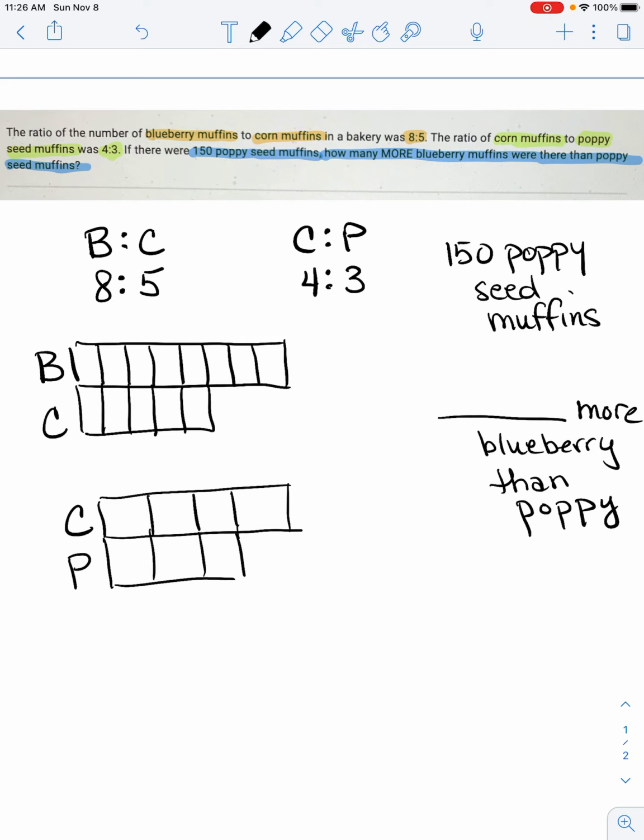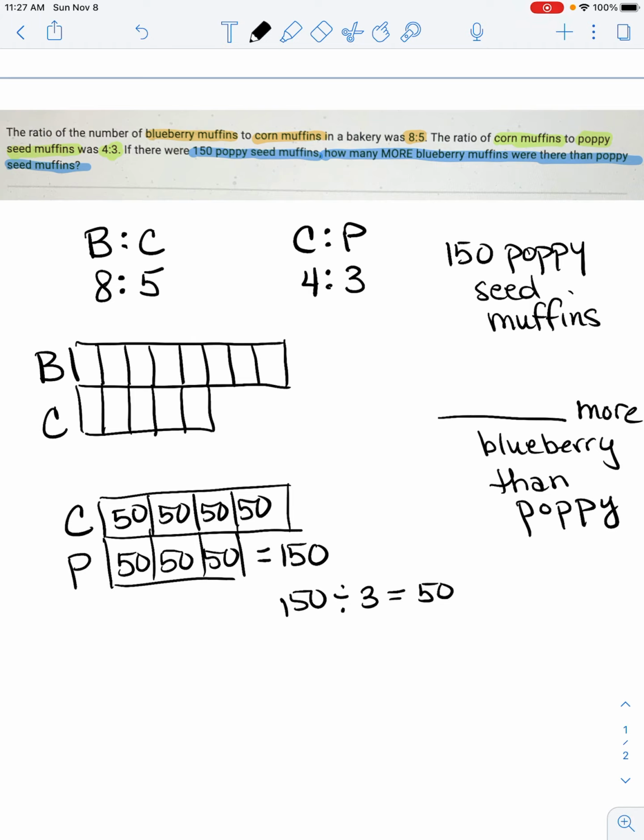Okay, now I have 150 poppy seed muffins, and so I'm going to put 150 here, and that means that there are 50 in each because it's 150 total muffins divided evenly among 3 boxes, and that would be 50 per box. So I'm going to put 50 in each of these.